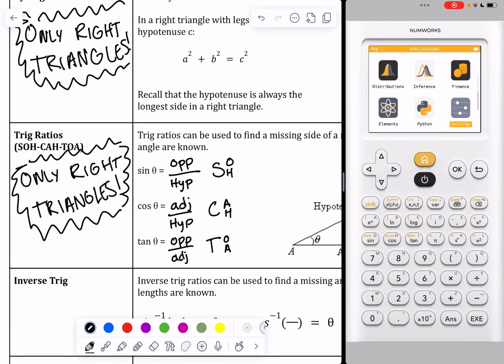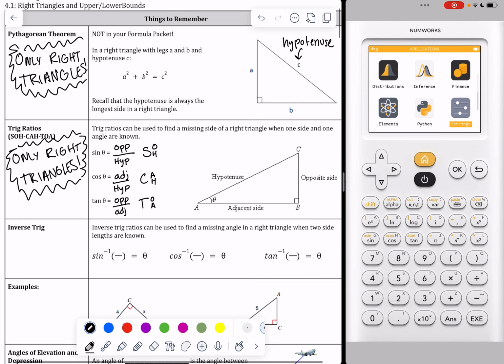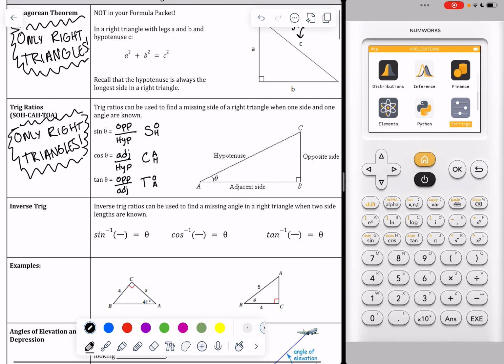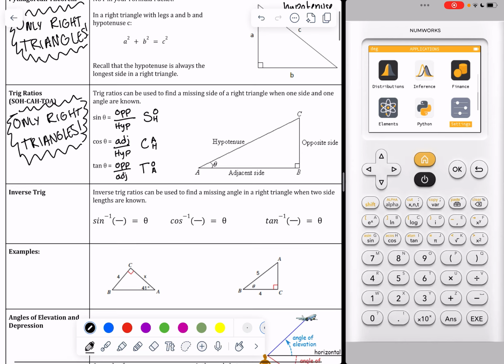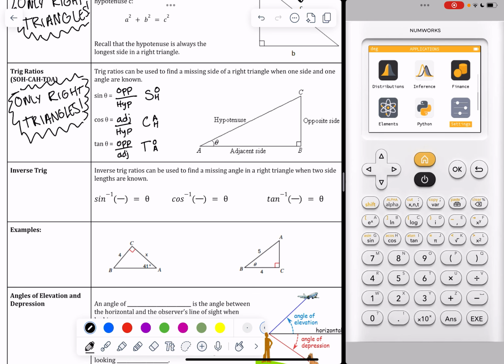And that can help us find missing sides for right triangles. Okay. Inverse trig. So if we do have all the sides, but instead we're looking to find a missing angle, then we'll use inverse trig, and we'll see an example of that in these ones down below.